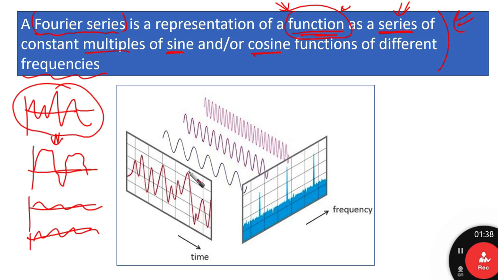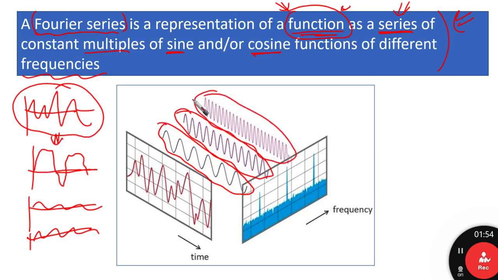As you can see, this function can be represented as the summation of different series of sine and cosine functions, as we have mentioned here, of different frequencies. The frequency of each one is going to be different from the other.